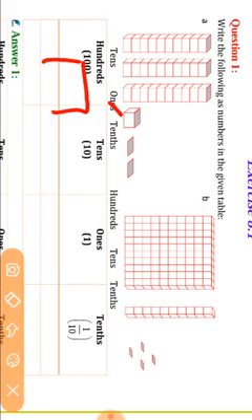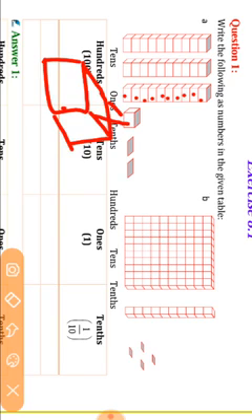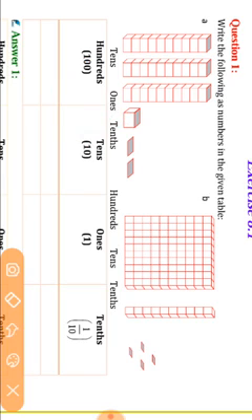One box, so it is a one place unit. And these boxes are arranged one above another, so that's why these are the tens. So 10 solid boxes: 1, 2, 3, 4, 5, 6, 7, 8, 9, 10. So that's why these are the tens.